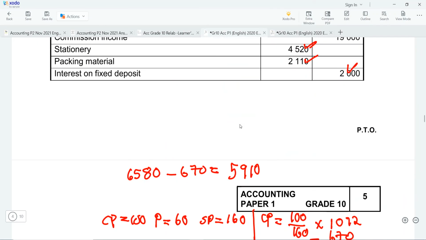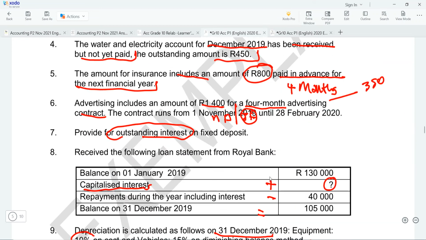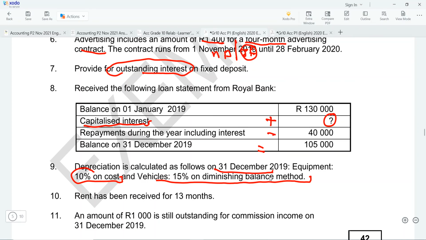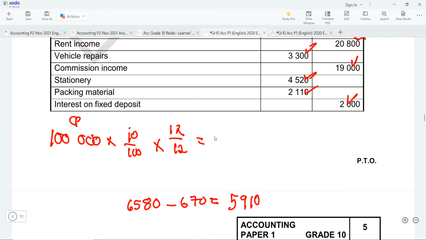So we're going to say 100,000, which is our cost price, multiply by 10 over 100, and then multiply by 12 over 12. So 10% of 100,000 is 10,000. So we're going to have 10,000 as our first depreciation amount.